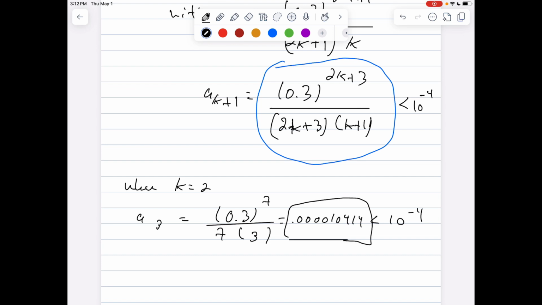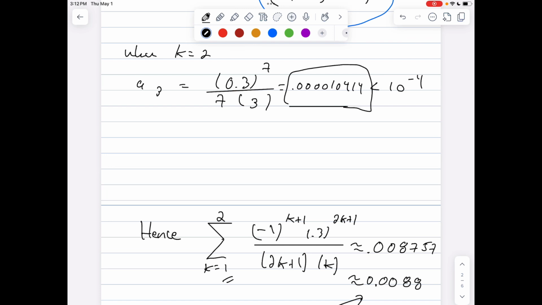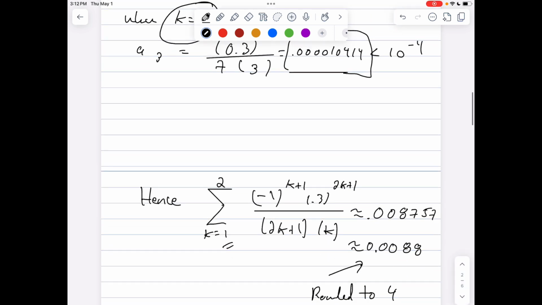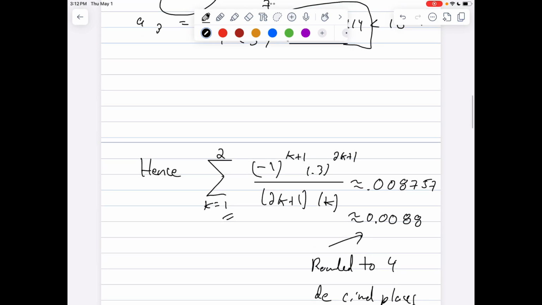And that is less than 10 to the negative 4. So that means that if you take the sum starting from 1 and going all the way to 2, that sum is going to be within 10 to the negative 4 of the actual sum. In fact, not just 2 works, but any number bigger than 2 would work as well. It could be 3, 4, 5, whatever.